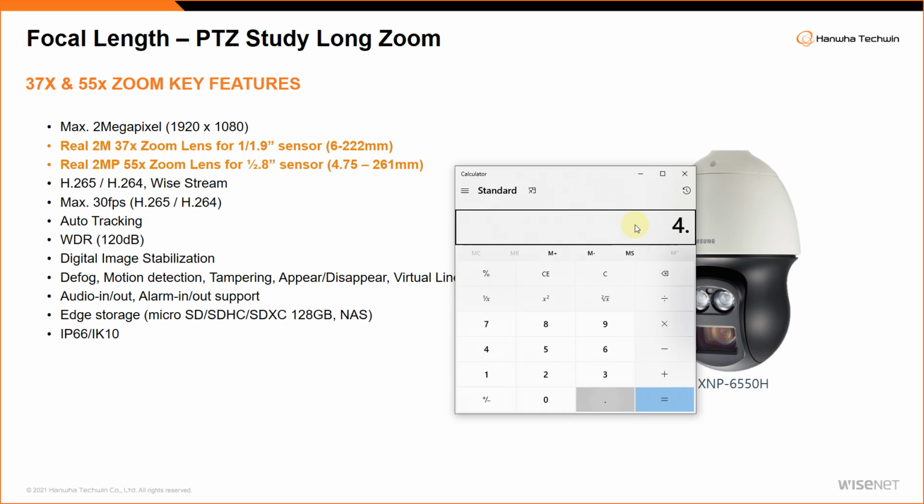So 4.75 times 55 is 261. This is why it's called 55x, right? So 55 times it can zoom. It's optical zoom. It's not digital, it's optical zoom because the lens is zooming in.